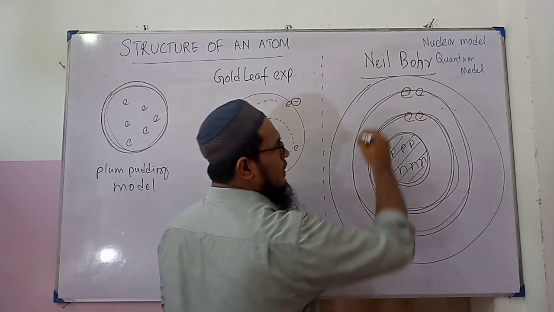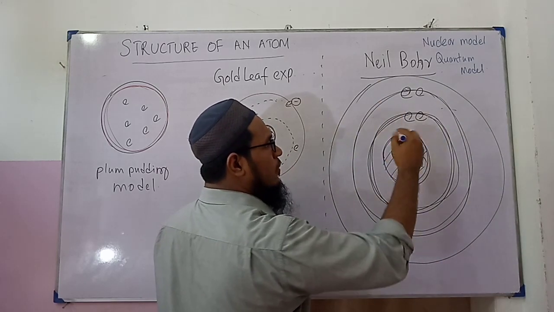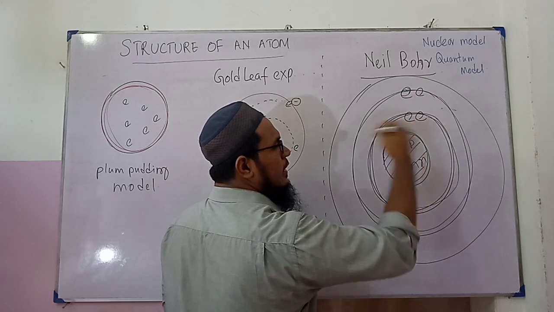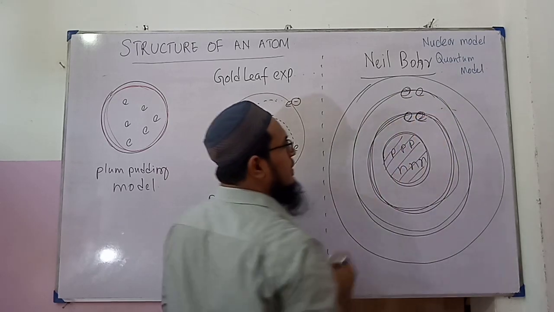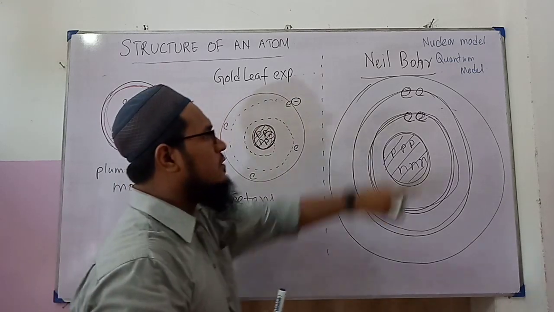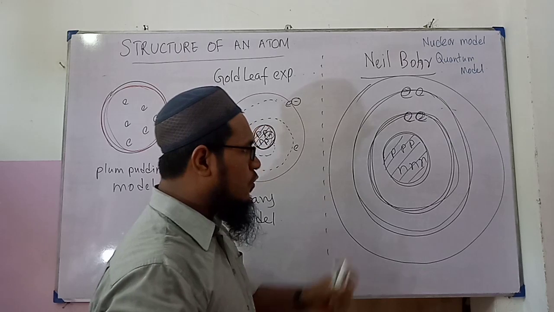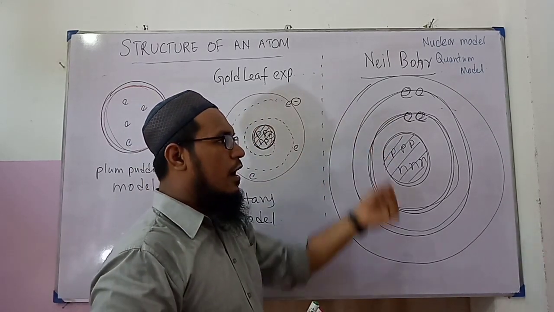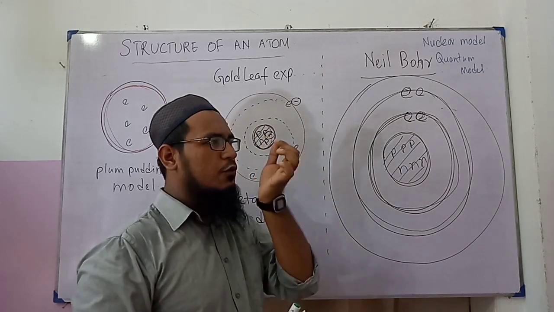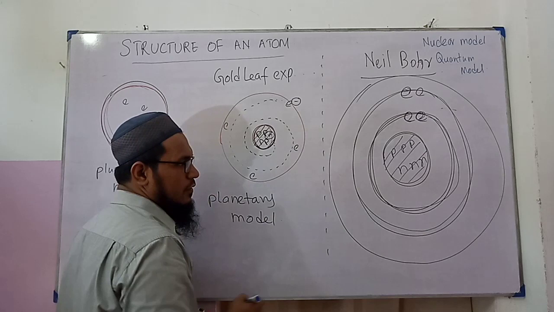First energy level, second, third, fourth energy level, or we can call it first shell, second shell, third shell. Each shell has a specific number of electrons revolving around the nucleus. So you might think all these structures are present within a very minute structure called the atom.